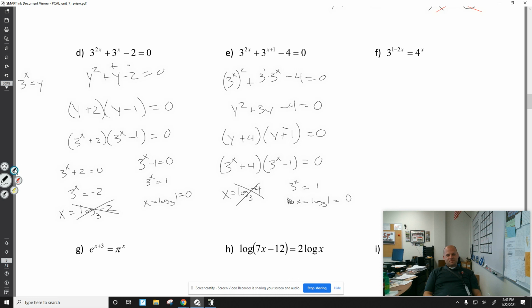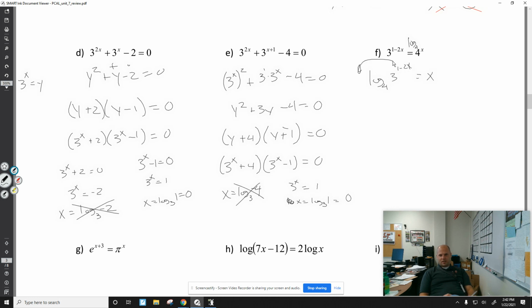All right. I told my students in class, to do a problem like this, sometimes, if you want to, turn things into decimals. And I think that helps some of the students. Take the natural log of both sides. You can take the log base 4 of both sides. I'm going to take the log base 4 of both sides, because if I take the log base 4 of both sides, I get x equals the log base 4 of 3 to the 1 minus 2x.